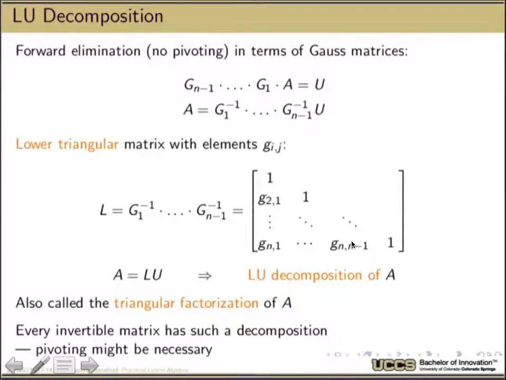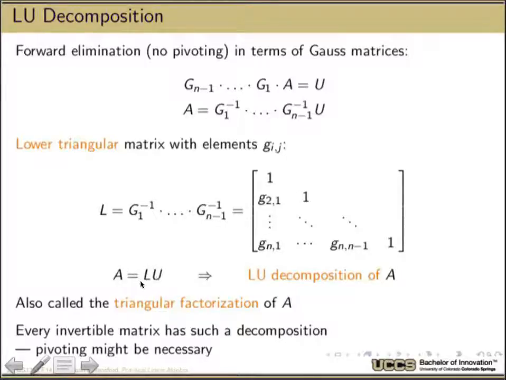Each of those matrices had a bunch of elements in a column, and it turns out the product is a lower triangular matrix. I don't even have to multiply them, because they're all entries below the diagonal, with the identity elsewhere, so I can just copy all the values together, and that gives me this lower triangular matrix L.